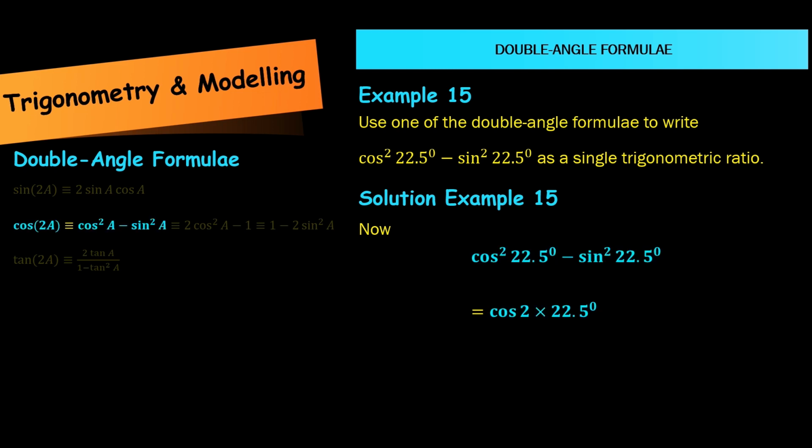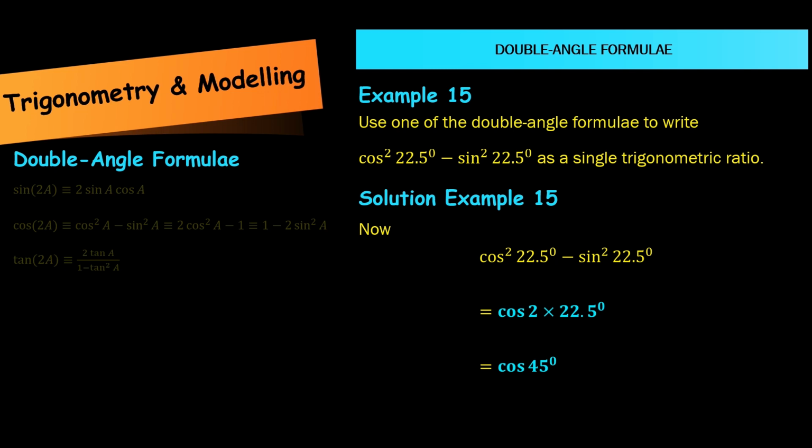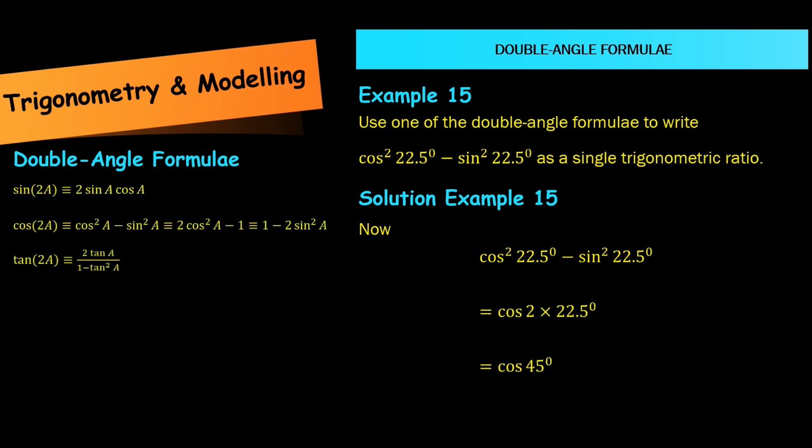Tidying up gives us that cos(2 times 22.5 degrees) is equal to cos 45 degrees. And therefore we've expressed cos squared 22.5 degrees minus sine squared 22.5 degrees as a single trigonometric ratio.